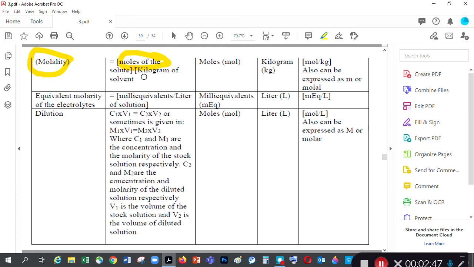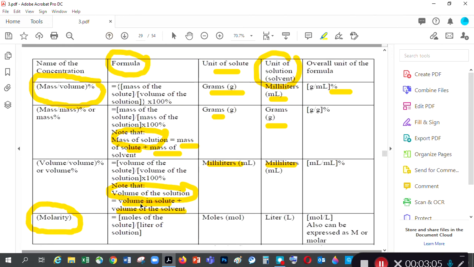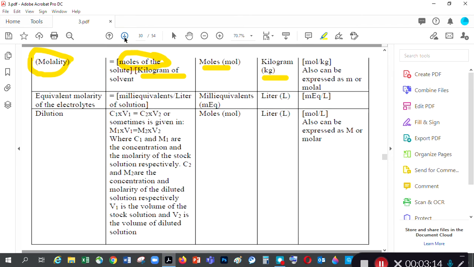Now we don't have the solution volume in liters, we have mass of the solvent in kilograms. So the solute units moles, the solvent in kilograms. While if you compare it with the molarity, the solute in moles, but the volume of the solution in liters. So that's the difference between molarity and molality.